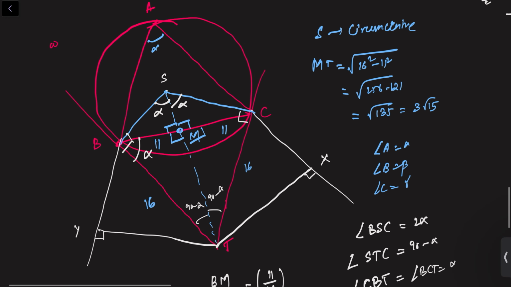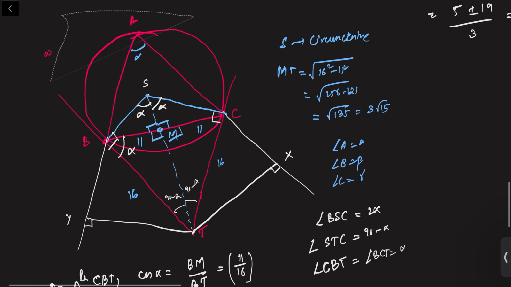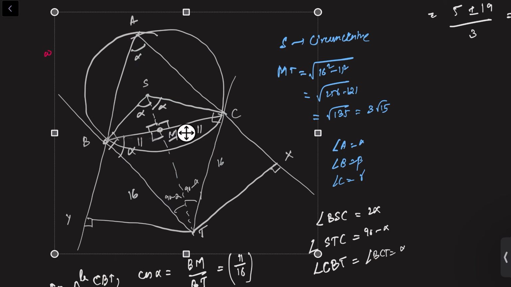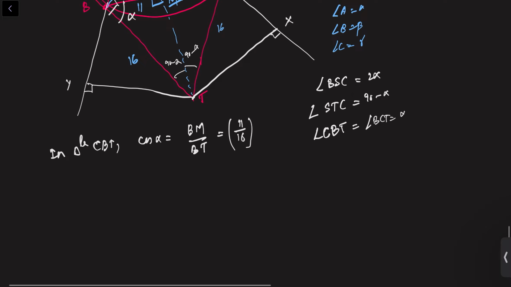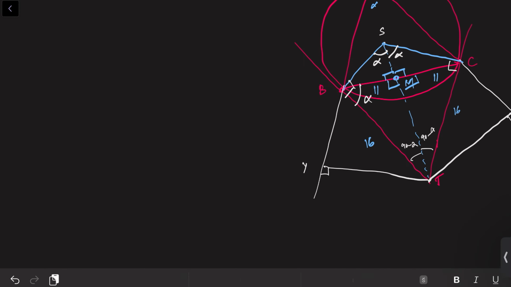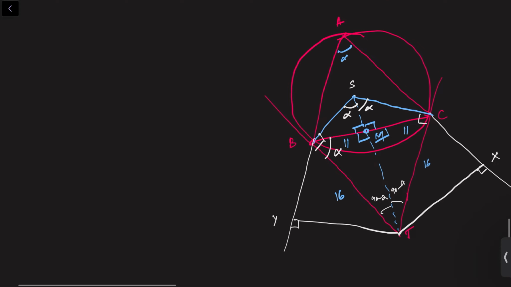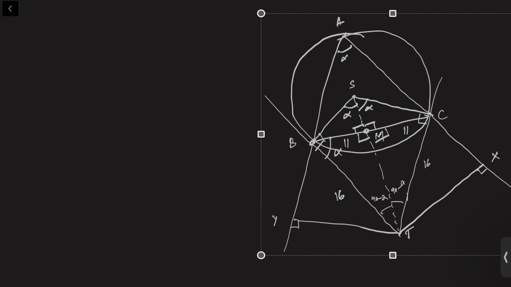So if we take this diagram, we can also observe a few other things. Now let's consider the quadrilateral AXTY.